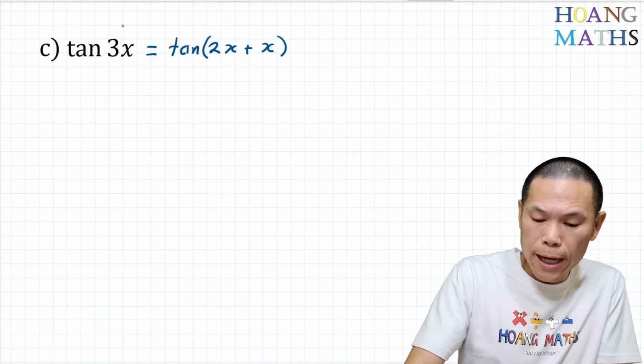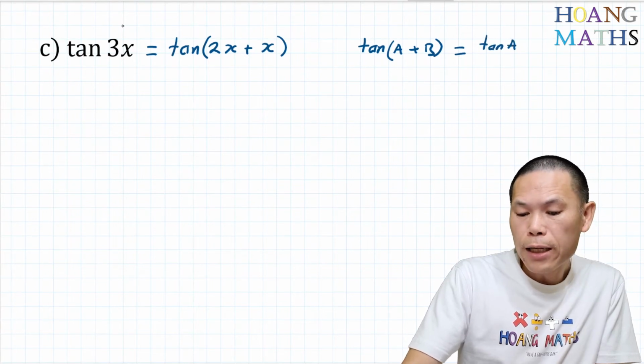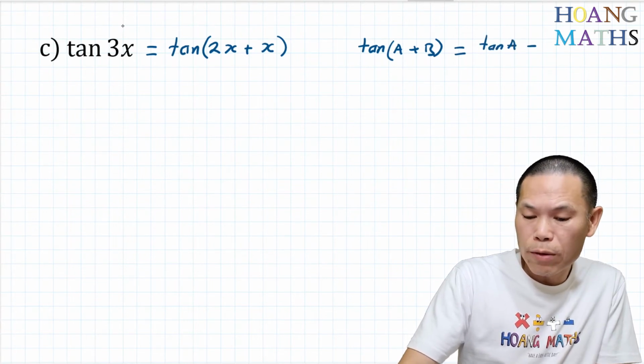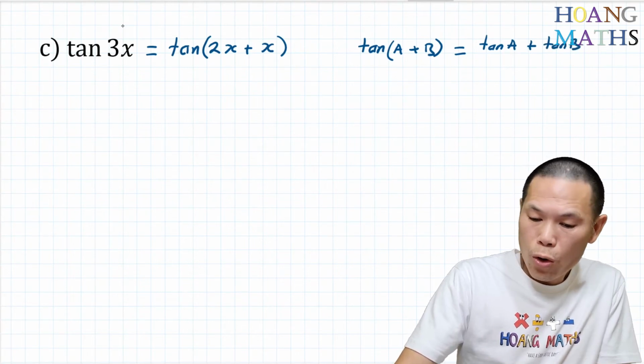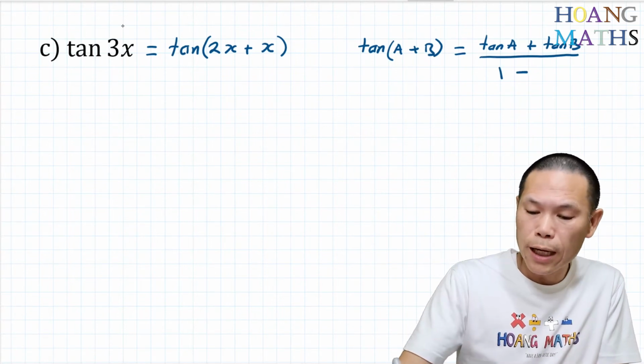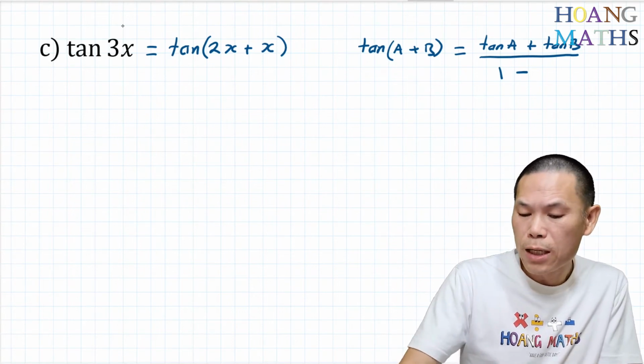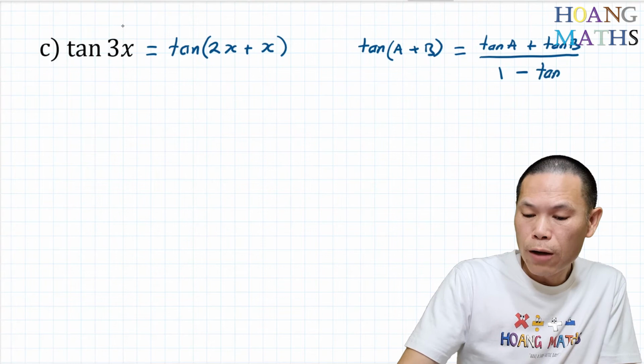And we know that tan of A plus B will give me tan of A, and because it's a plus, we have a plus here, and then tan of B, over 1. Because it's a plus on the numerator, they're always opposite with the denominator, okay? If it's plus, we have a minus. If it's minus, it's a plus, okay? That's how you remember. And tan of A times tan of B.